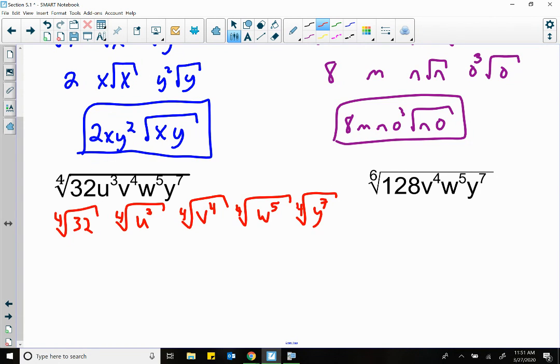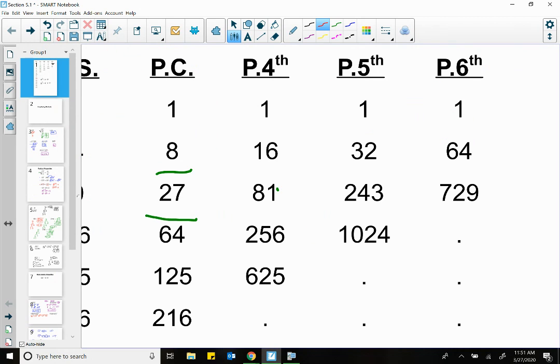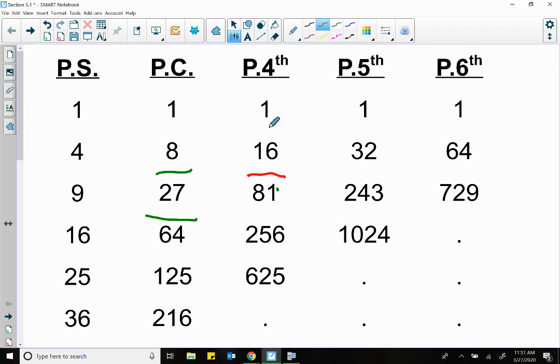All right, so if we go back to our list of perfect fourths, 32 is not on our list. But we can try and see if one of these two divides it to help us break it down, just like what we did before.